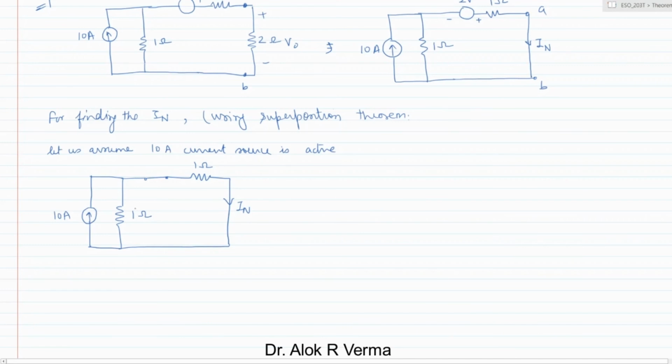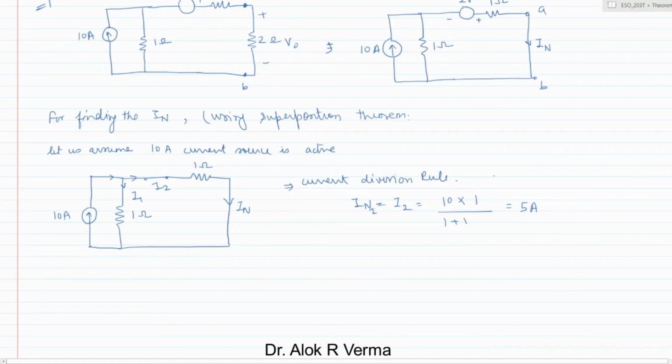Here if we apply the current division rule, the current entering at this point gets divided into I1 and I2. IN is nothing but I2, which is 10 into 1 by 1 plus 1, which is 5 ampere.